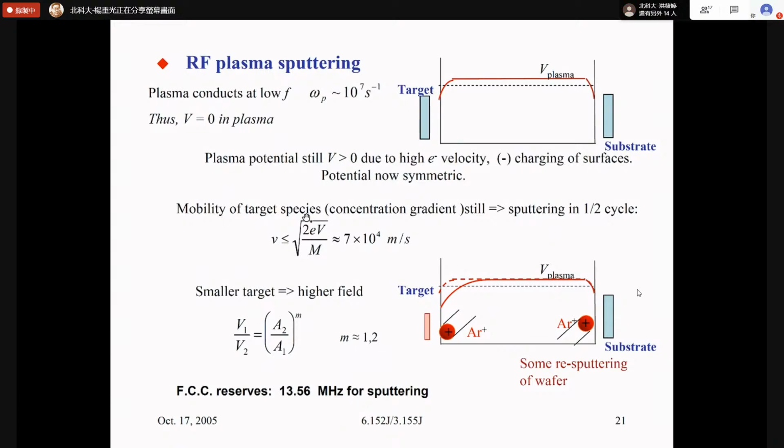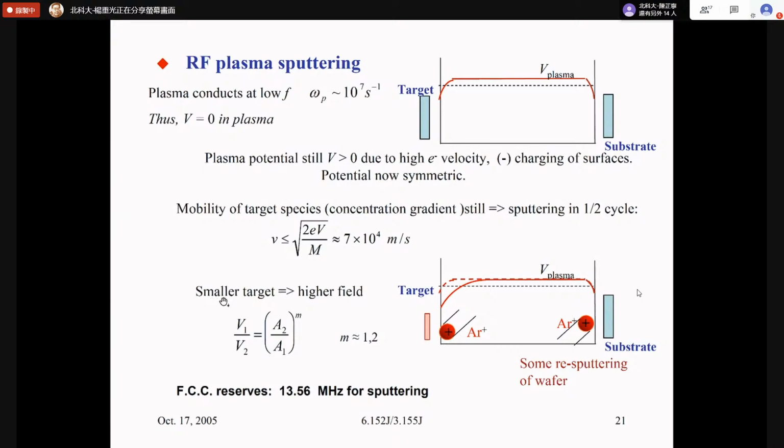So the mobility of target species still sputtering in half circle. And so you see that it goes down like this. From here, it goes down by the argon hitting on the target.